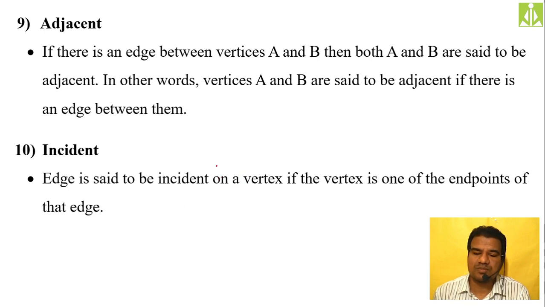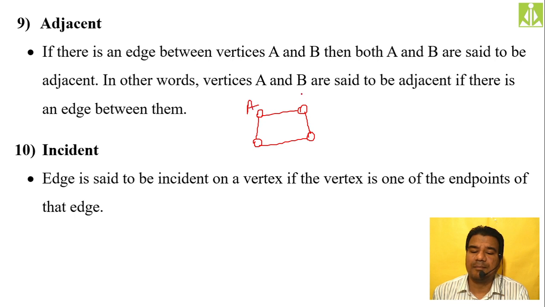Suppose I draw a graph data structure like this, with vertices A, B, C, D. For A, B and C are adjacent vertices, because we have a direct connection between A and B and between A and C. But D is not an adjacent vertex.